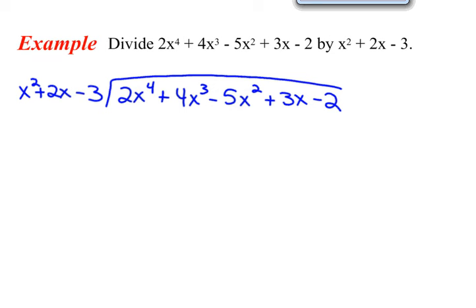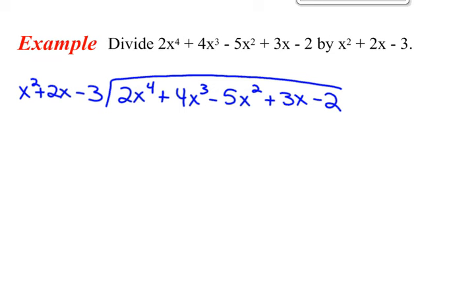Now notice that our polynomial under the division sign has all the terms already, meaning it has x to the fourth, x to the third, x squared, x, and then a constant, right? If it didn't have any of those terms, we would put a 0, whatever, 0x cubed, 0x squared, to hold the place so that the process worked. But since it has it, let's just start doing the long division.